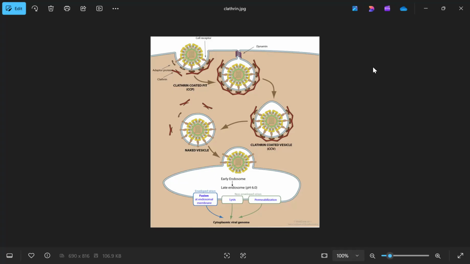The Andes version is the New World. And with New World hantaviruses, they have clathrin dependency and clathrin independency, while the Old World hantaviruses are clathrin dependent.